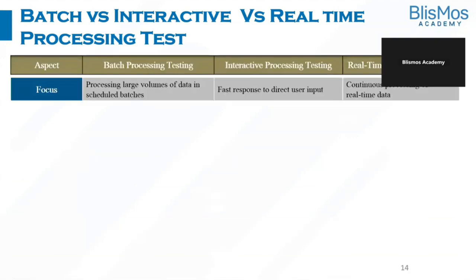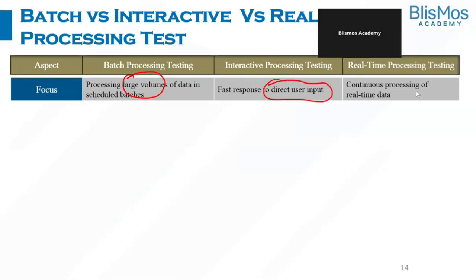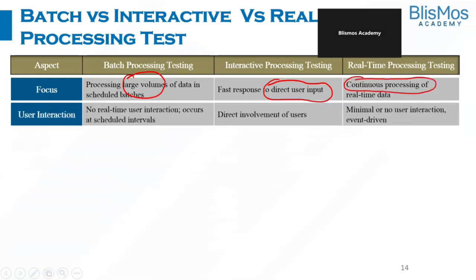The focus in batch processing is processing large volumes of data. In interactive processing, it is a fast response to direct user input. In real-time processing, it is continuous processing, as and when the data is getting produced. In terms of user interaction, because batch processing is where the data is already collected and kept, there is no user interaction.